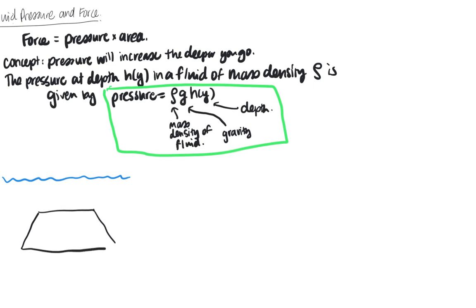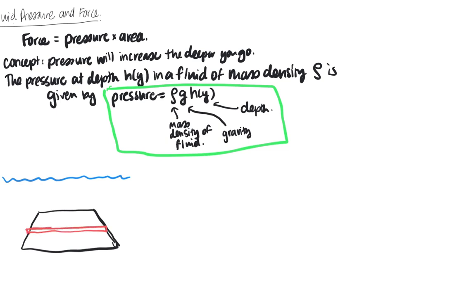Maybe I drew this as a trapezoid looking thing here. At different water levels, at different depths, we're going to have different amounts of pressure. So what we're going to do is take a little slice of this thing here.